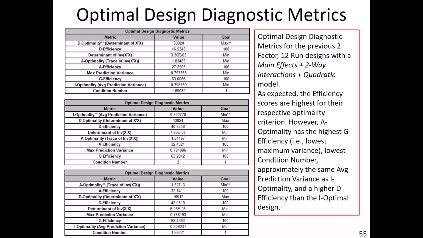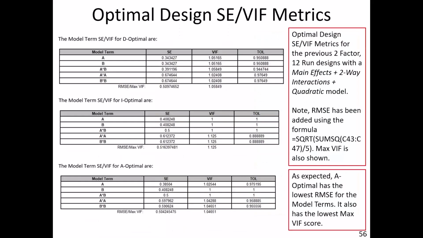So again, use your A efficiency and D efficiency to compare one against another. Use your G efficiency as your overall, that's the maximum prediction variance. You can use that one. It should be over 50%. And I optimality, lower is better. And then you can use this in conjunction with the fraction of design space plots.